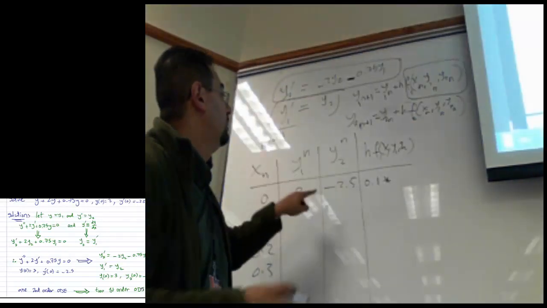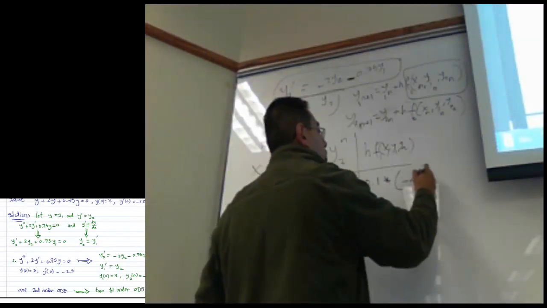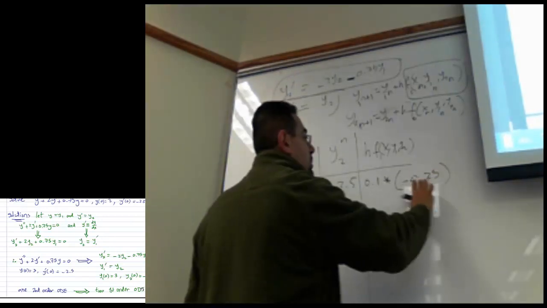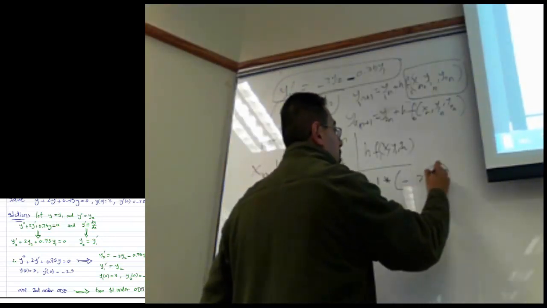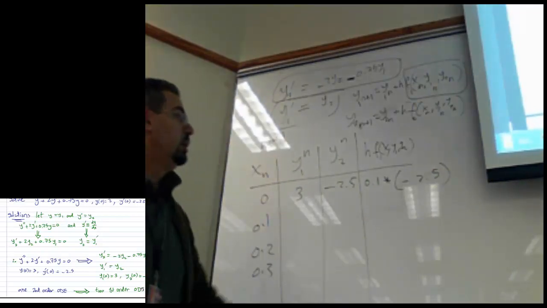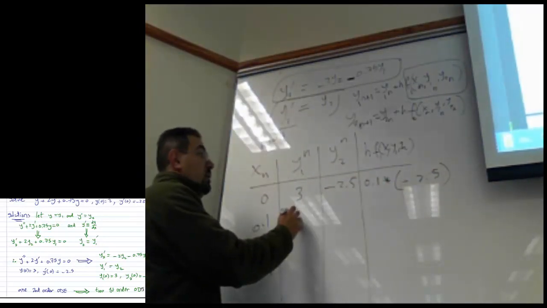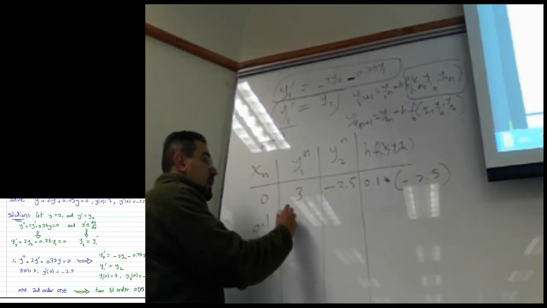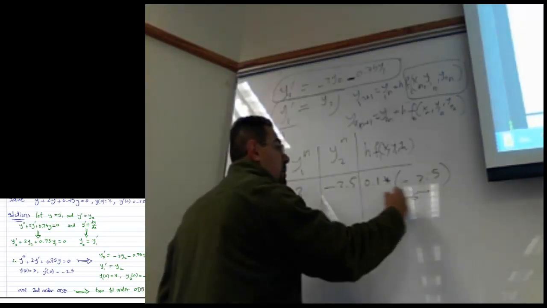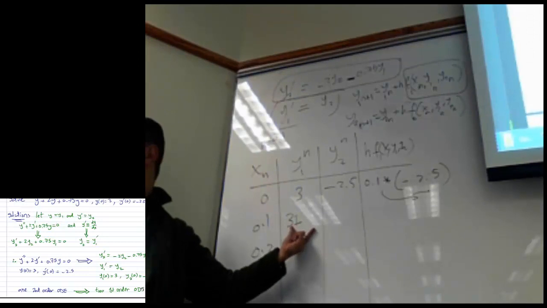So it should be this guy, minus 2, because that was the initial value. And so y1 of n plus 1 should basically be the 3 plus this. That will give me the new y1.